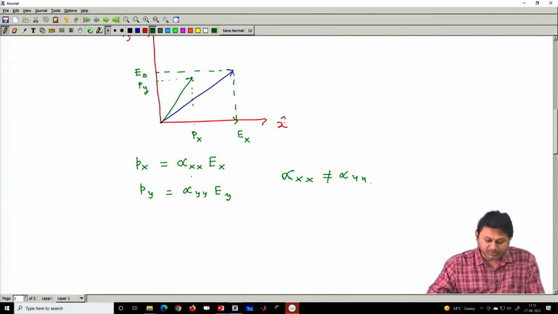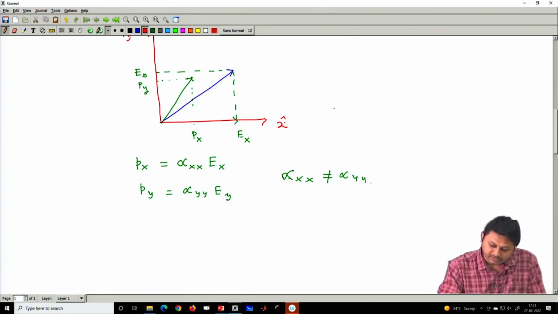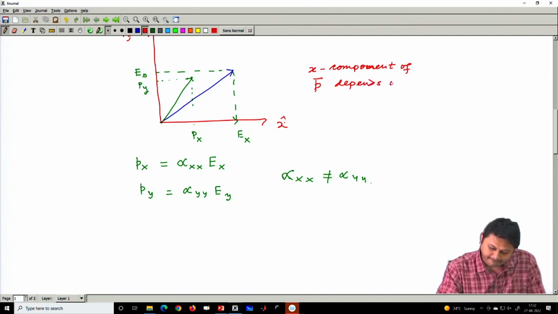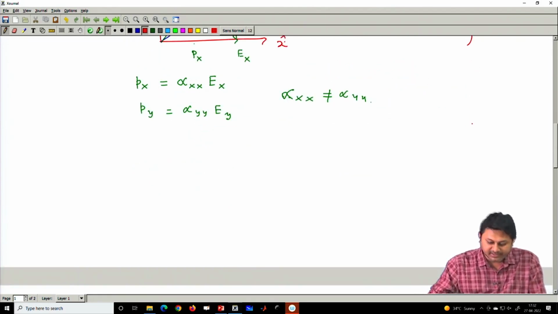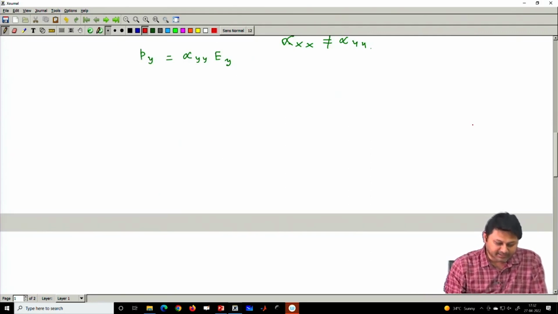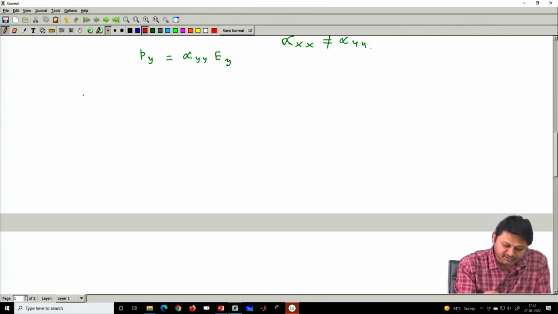Here the x component of P depends on the x component of E, but a more general case can be considered.